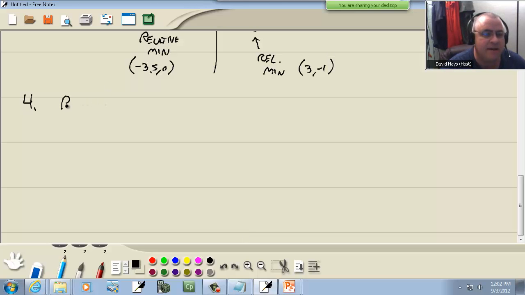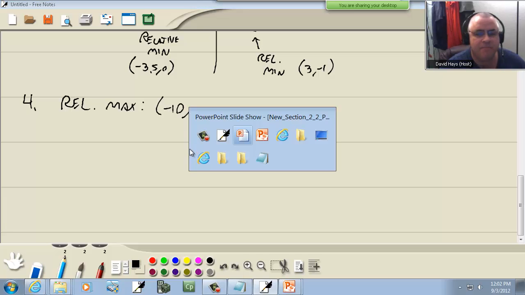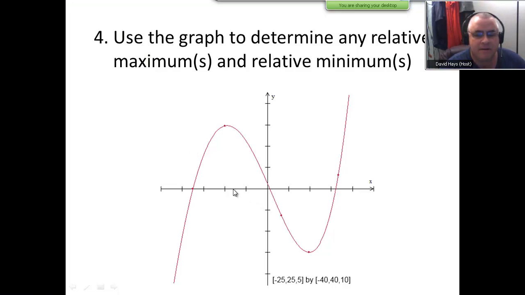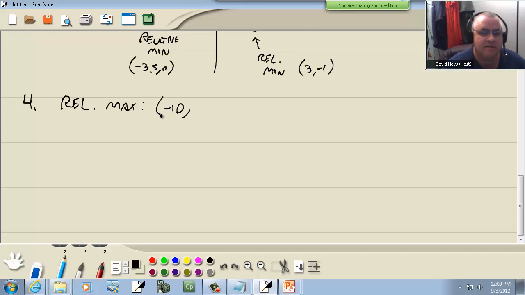So we've got a relative max at -10. And then our y values, looks like it's going up to this third one, which is 30. Remember, this goes by tens. 10, 20, 30. So it'd be -10, 30 be our relative max.